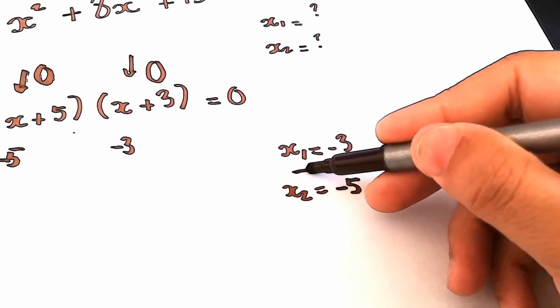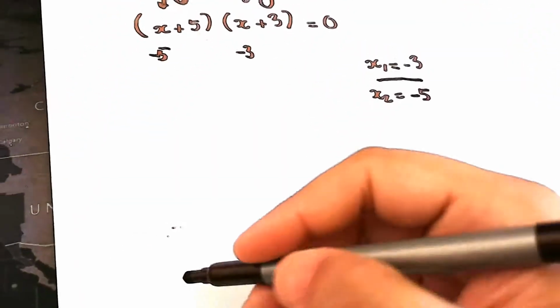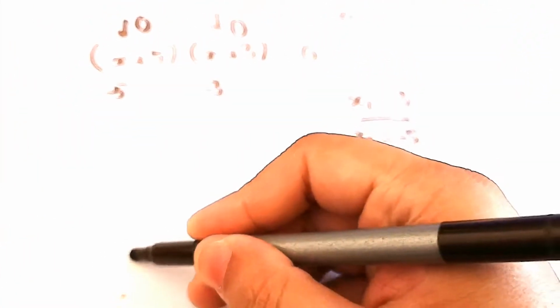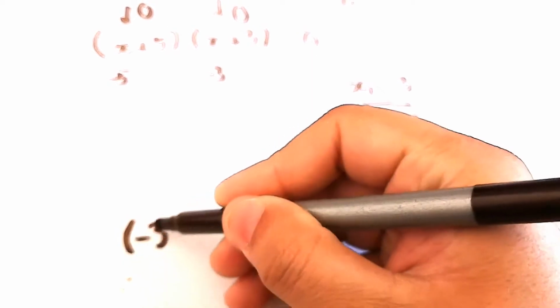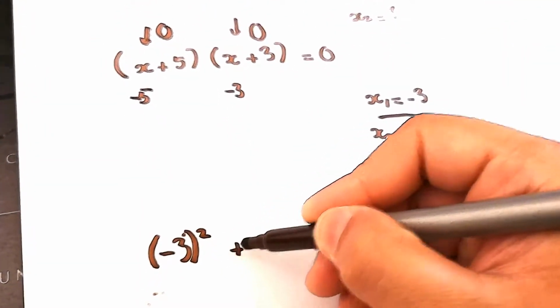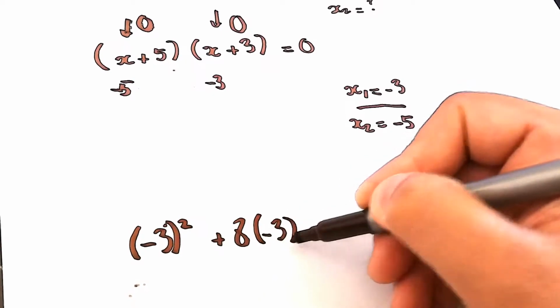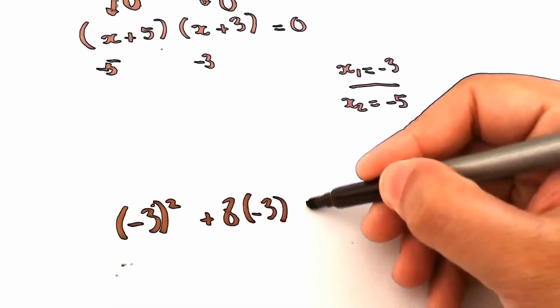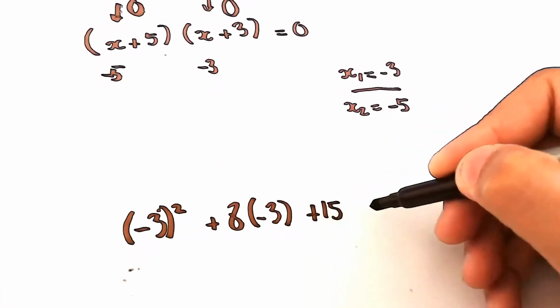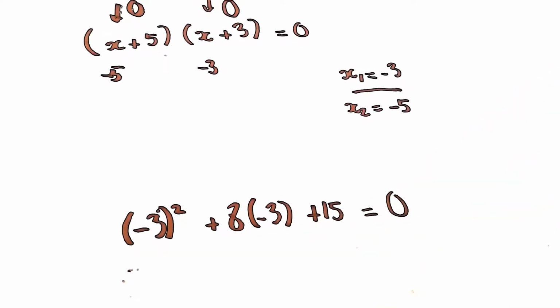So let's give it a go. Let's say this x1, minus 3, let's now put that into that equation. So minus 3 squared plus 8x, so 8 bracket minus 3, plus 15, and the answer to that should be 0, and if it is 0, then we know we've done it right.